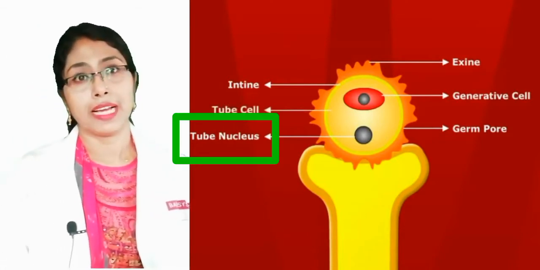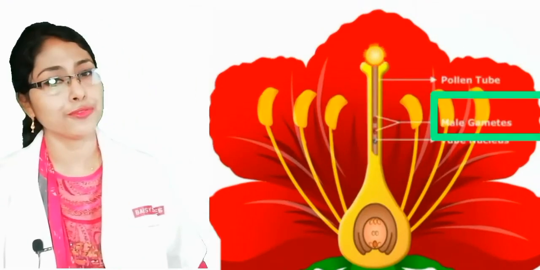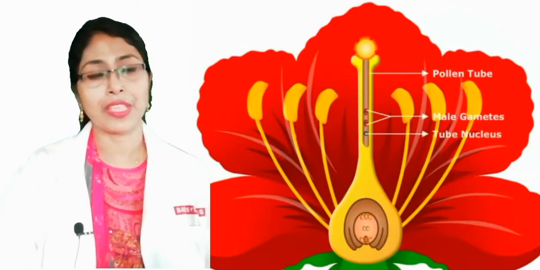Generally, in this binucleated condition, pollination takes place. The generative cell will divide to form two male gametes, and the tube nucleus makes the pollen tube. The pollen tube gradually grows down through the style and enters into the embryo sac of the ovule through the micropyle.